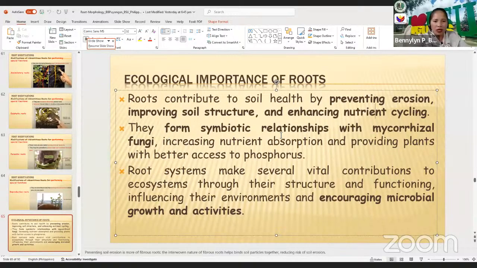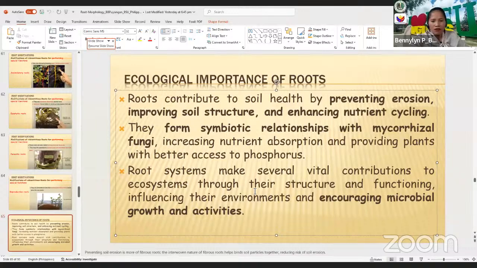Another one, they form a symbiotic relationship with the mycorrhizal fungi, increasing nutrient absorption and providing plants with better access to phosphorus. Those relationships, like the symbiotic relationship mentioned in the leguminous plants and Rhizobium sp., enhance the absorption or the availability of the nutrients.